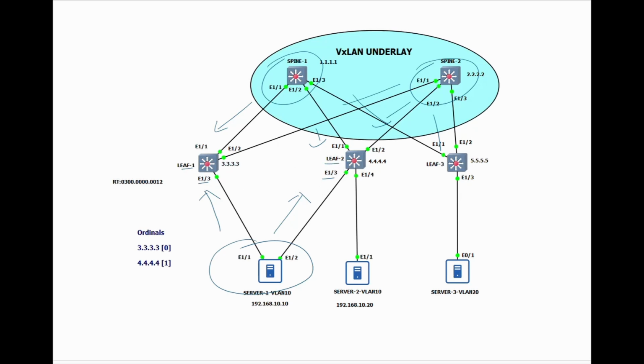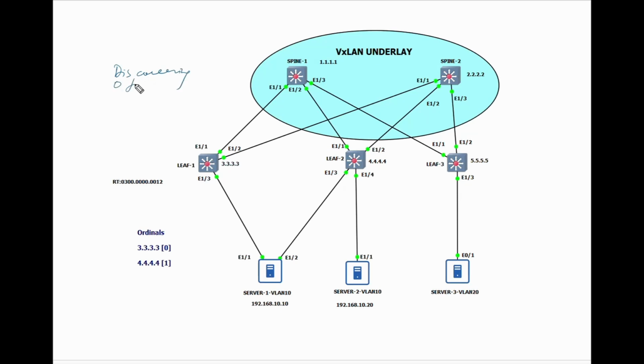So like we discussed in the video related to route types 1 and 4, Ethernet segment route, or route type 4, serves two main purposes. Firstly, it helps in discovering other ESI members that are connected to the same Ethernet segment.